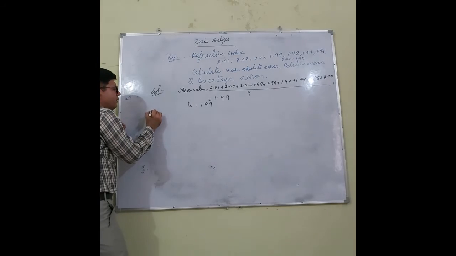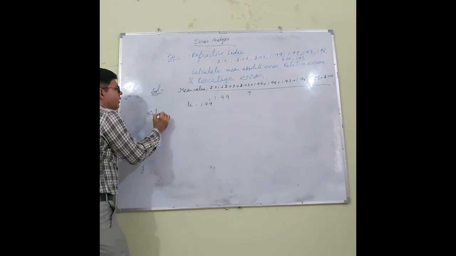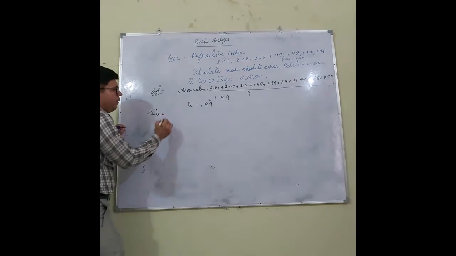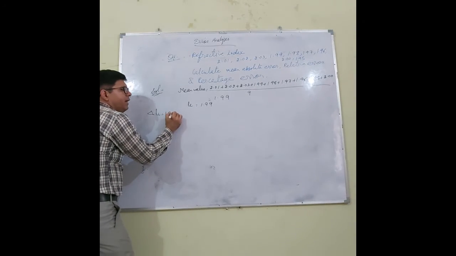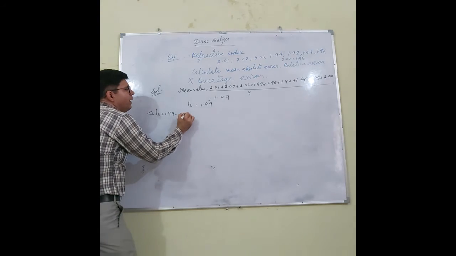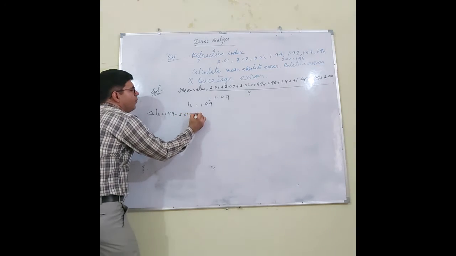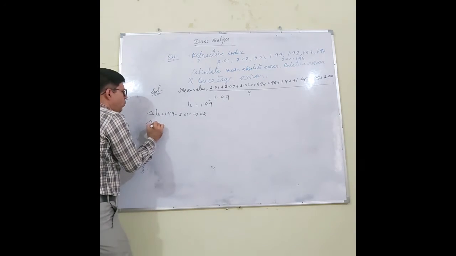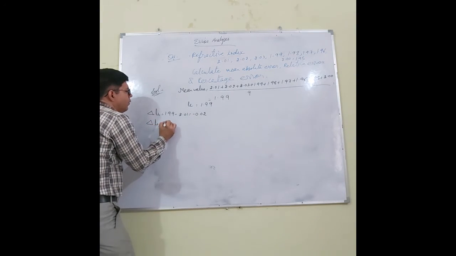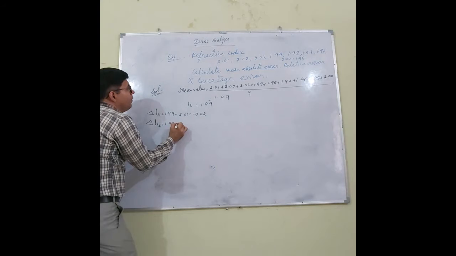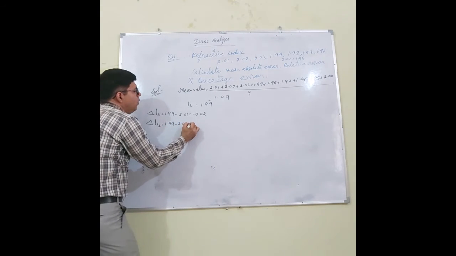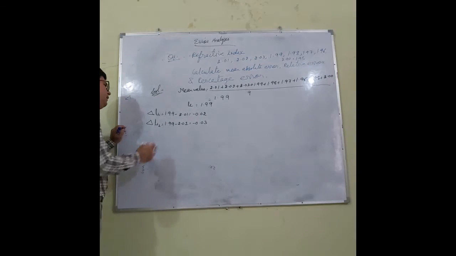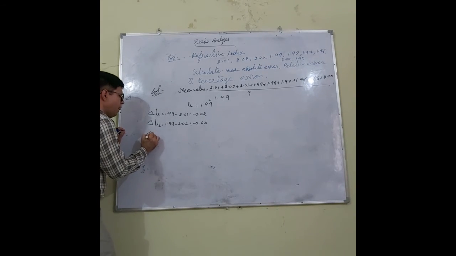Now what is the absolute error in the first quantity, 2.01? 1.99 minus 2.01 is minus 0.02. What is the error in the second? 1.99 minus 2.02 is minus 0.03.